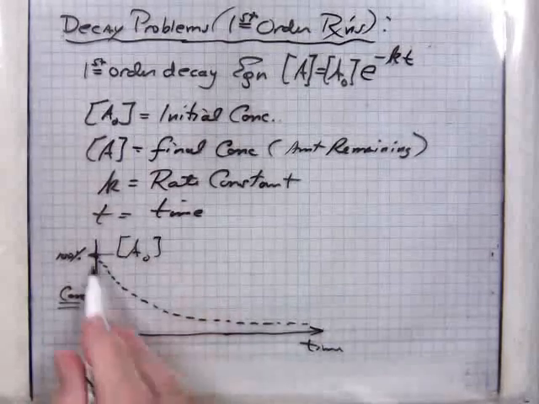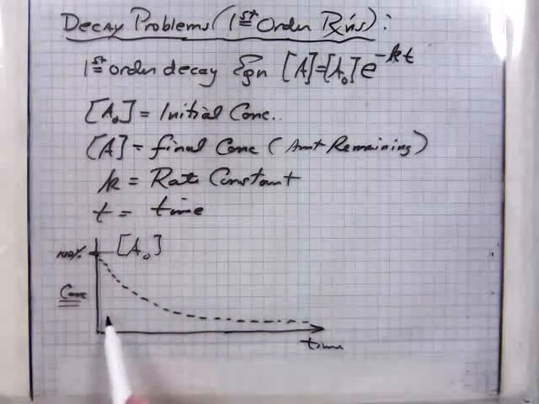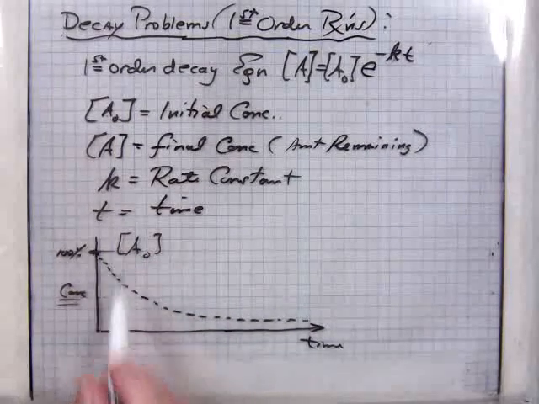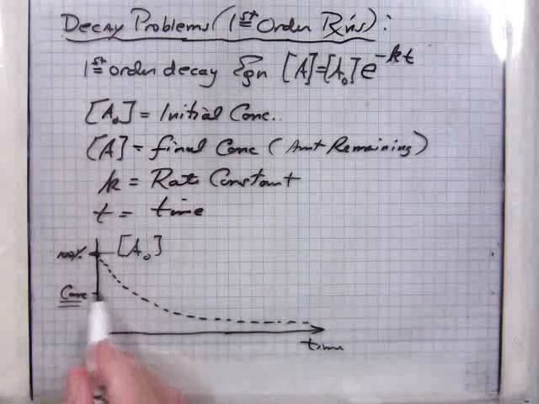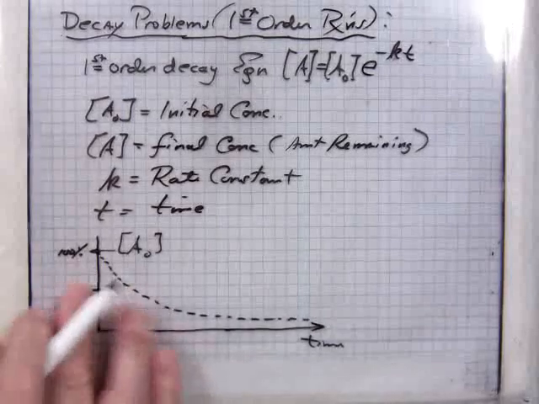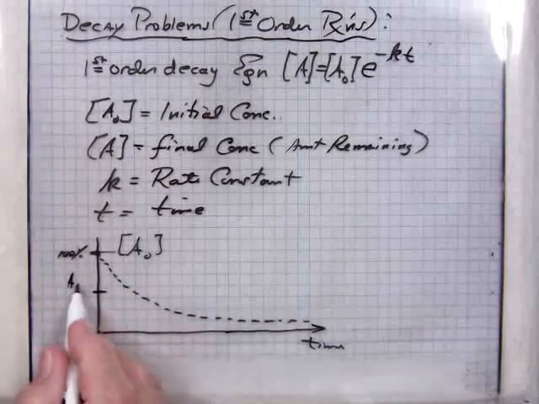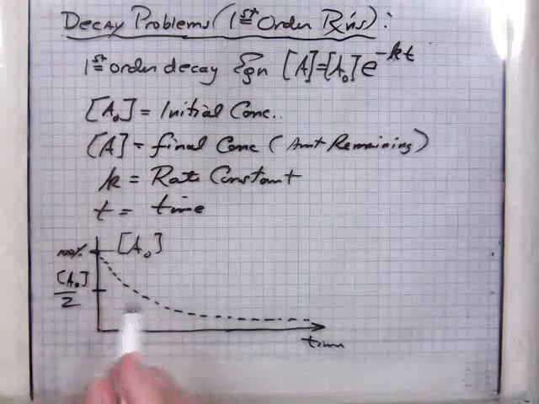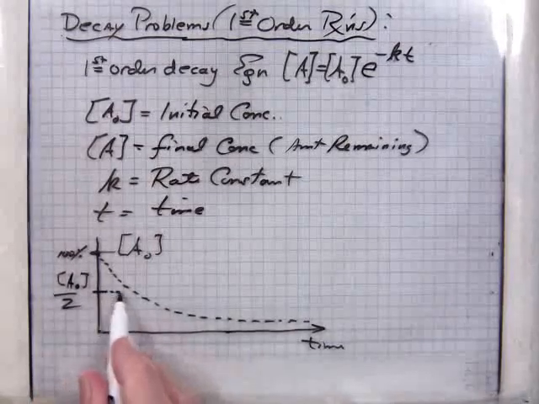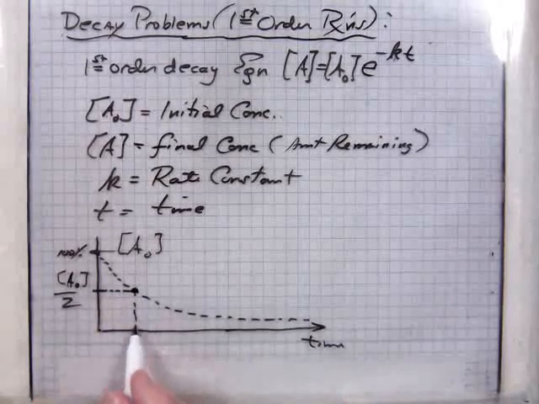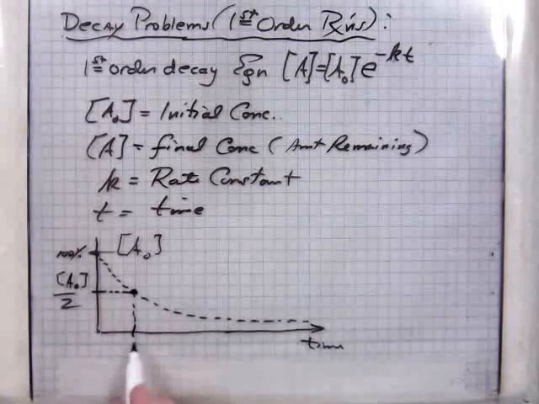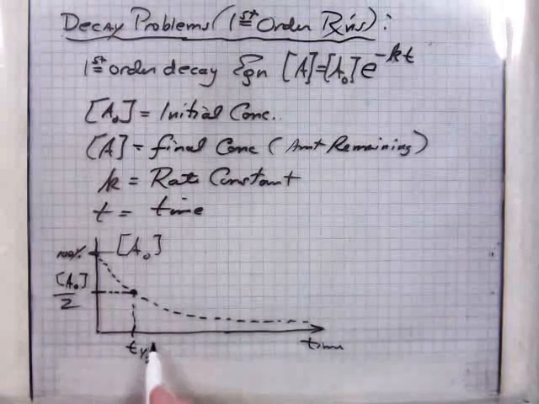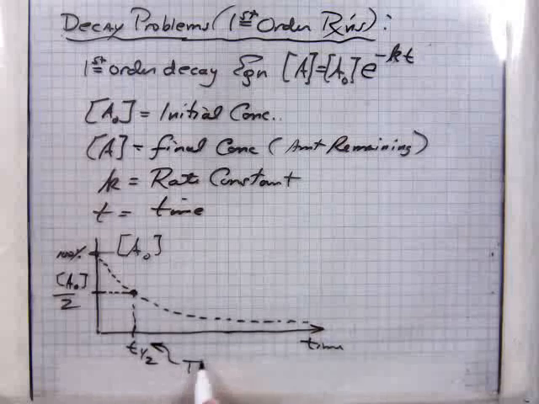When you cut this in half, say right here, this would be the original concentration over 2. And if you extrapolate this to the axis and then straight down to the time axis, this is called the half-life. The first half-life.